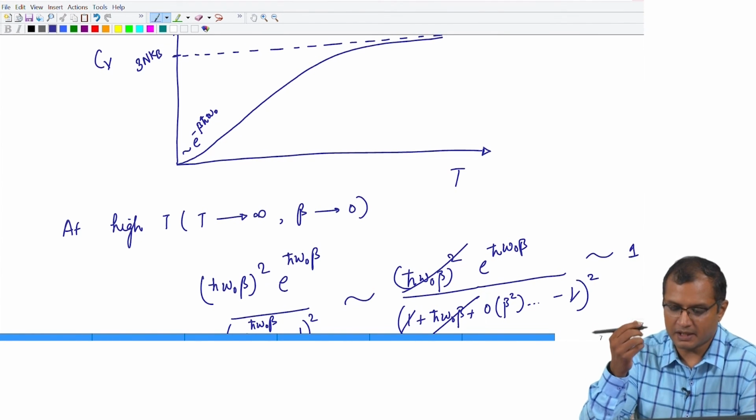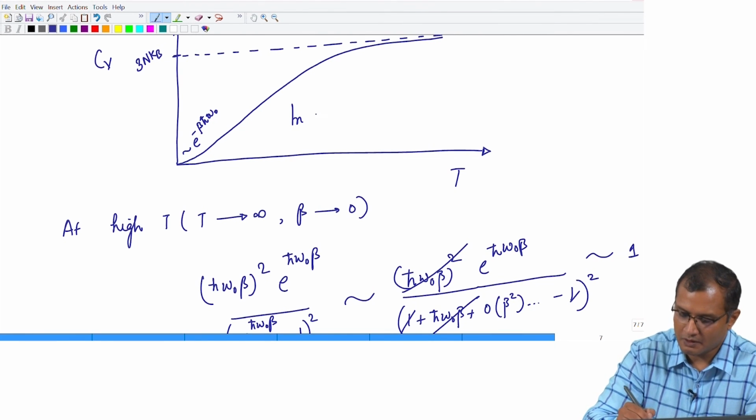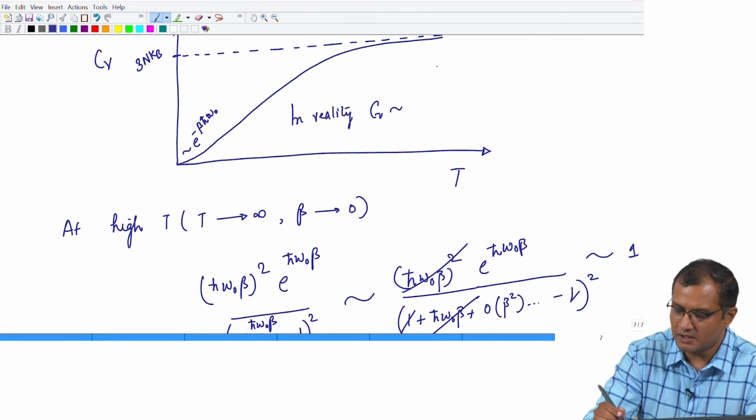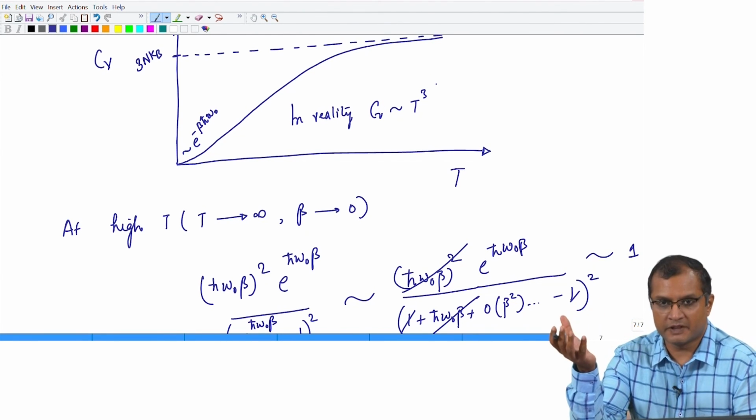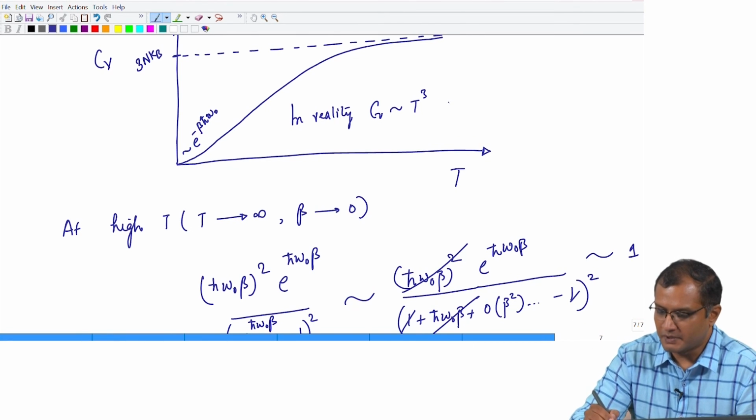So, in reality heat capacity is seen to be the third power of temperature at low temperatures.